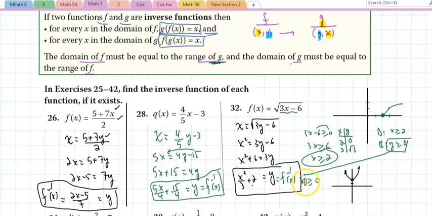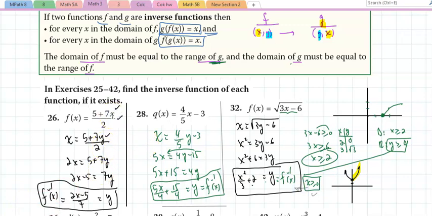If I restrict x to be positive, then guess what? That would be 1 to 1. And that's the one aspect that you have to get out of this more than anything. So without restricting this domain, I can't say that's an inverse.